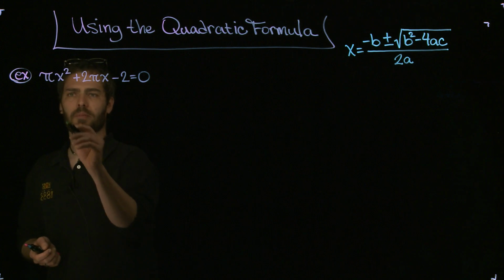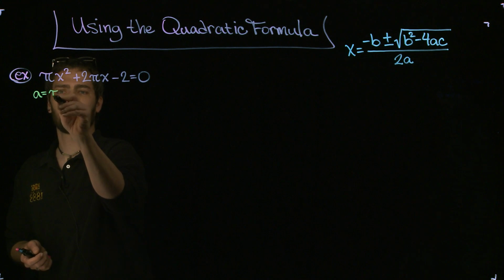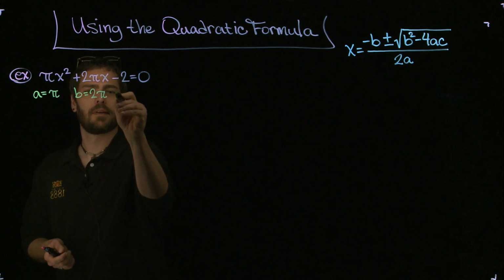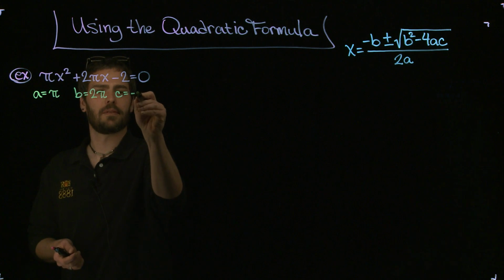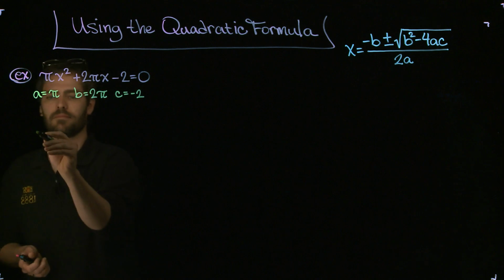So if I'm going to plug this in, first let me identify my a, b, and c. A is equal to pi. B is equal to 2 pi. And c is equal to -2. And let's go ahead and plug this in.